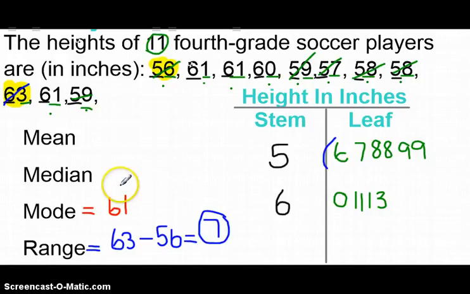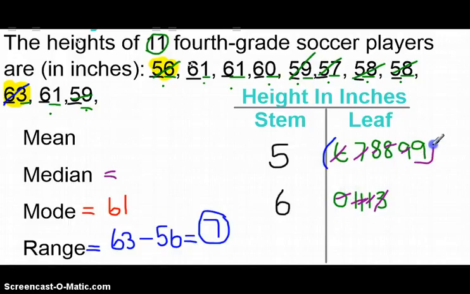Next, we have the median. Remember, the median is the middle number. So that means that we are going to start from the lowest and the highest and cross off lowest and highest, lowest and highest, lowest and highest, lowest and highest.